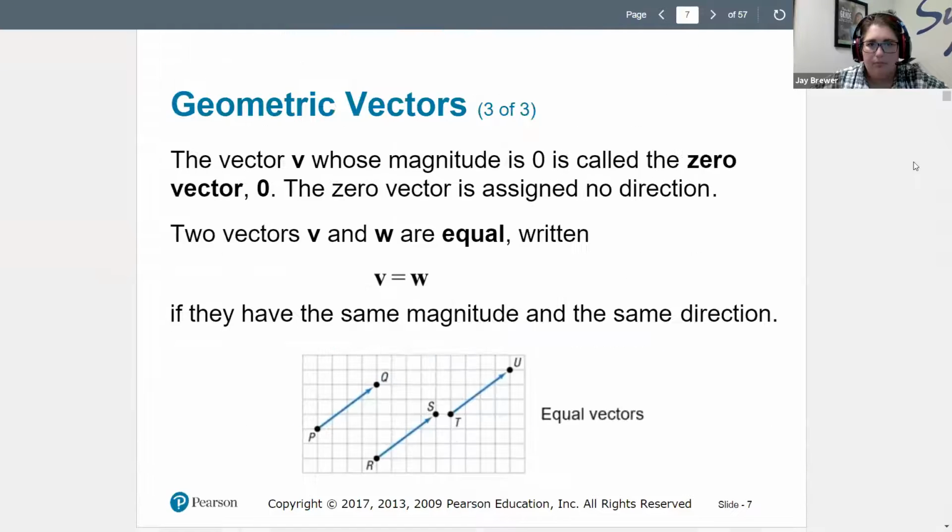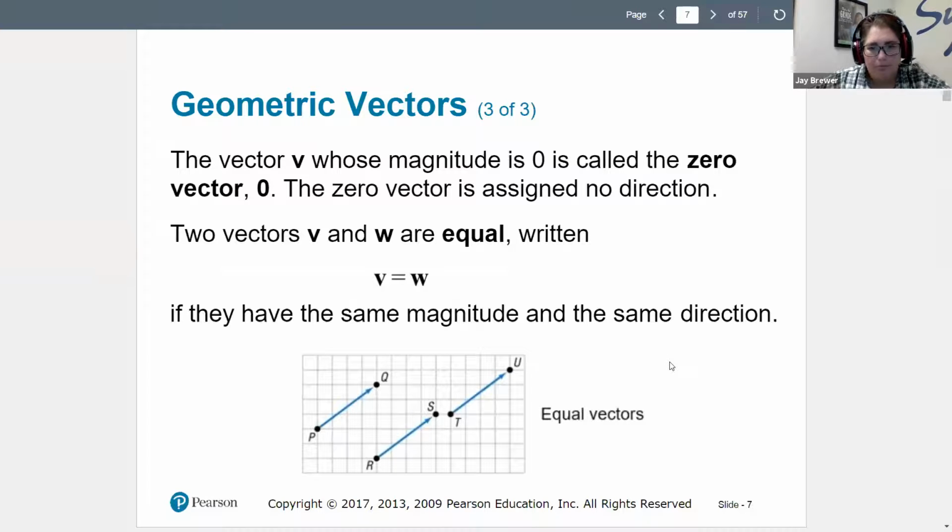The vector v, whose magnitude is 0, is called the zero vector 0. The zero vector is assigned no direction. Two vectors v and w that are equal are written as the following. If you bold a letter, then it's taken as a vector. If they have the same magnitude and direction, they are equal.